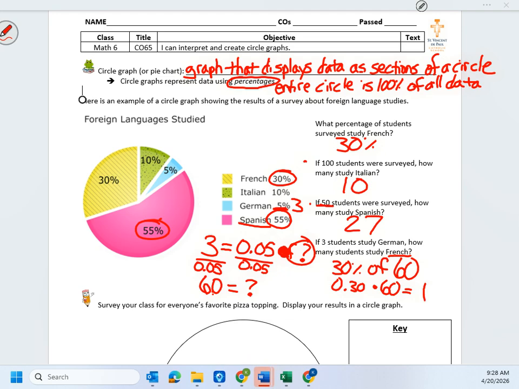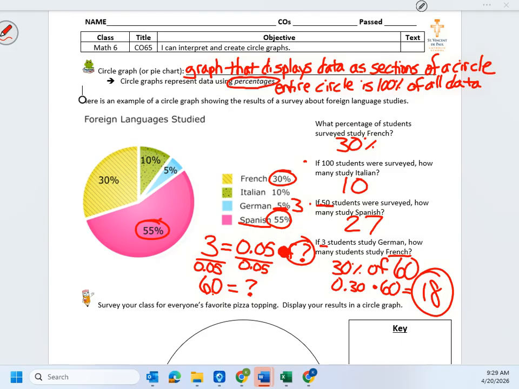So we had 18 students studied French. For the middle two here, we knew there were 100 students and we knew there were 50 students, so we could just plug it right in. But on the bottom one, we didn't know how many students, so we had to use what we knew to find the total number of students.